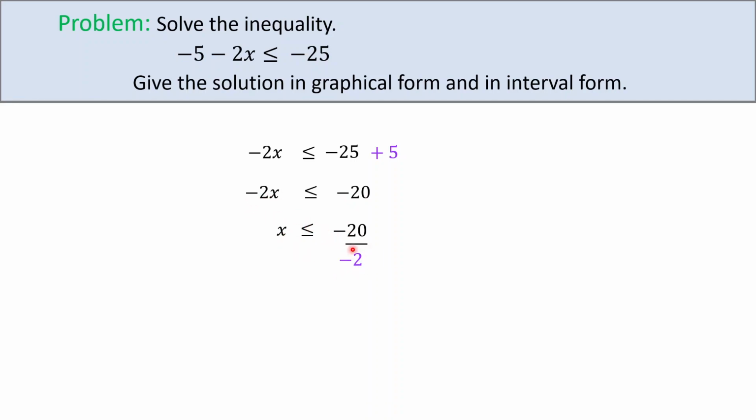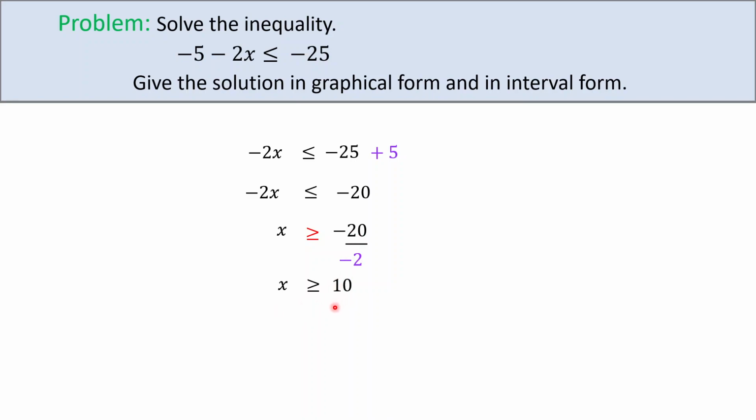So you are dividing by a negative number, so you need to reverse the sign from less than to greater than. Less than or equal to becomes greater than or equal to. So x is negative 20 divided by negative 2, which is positive 10.